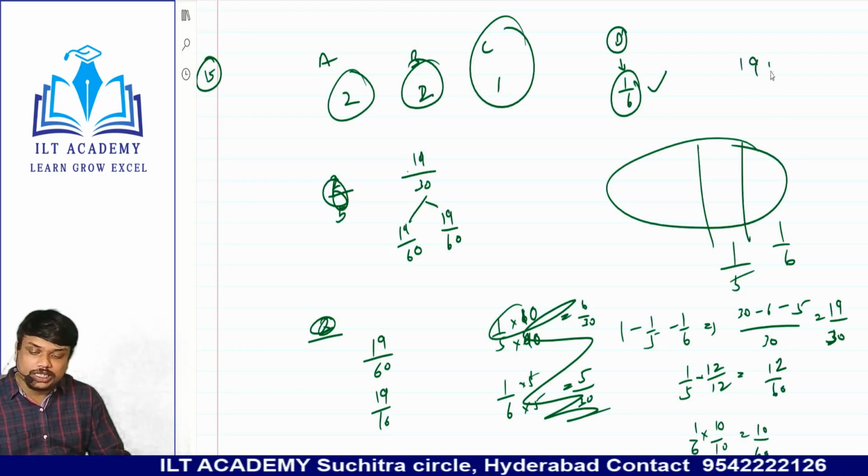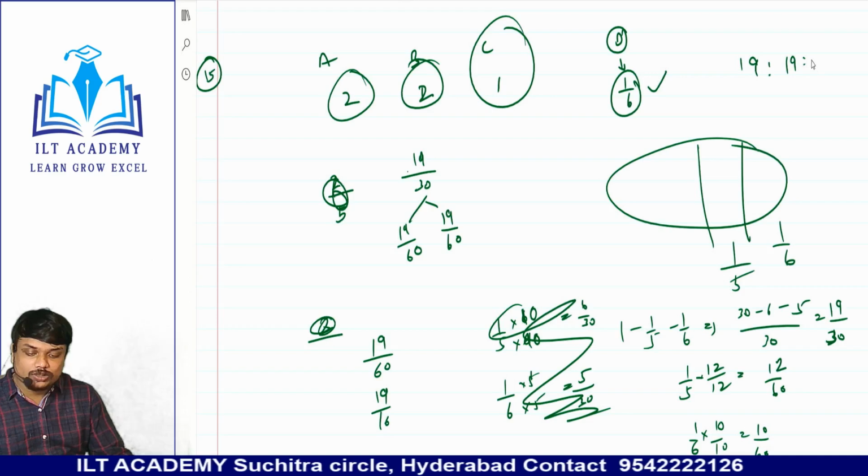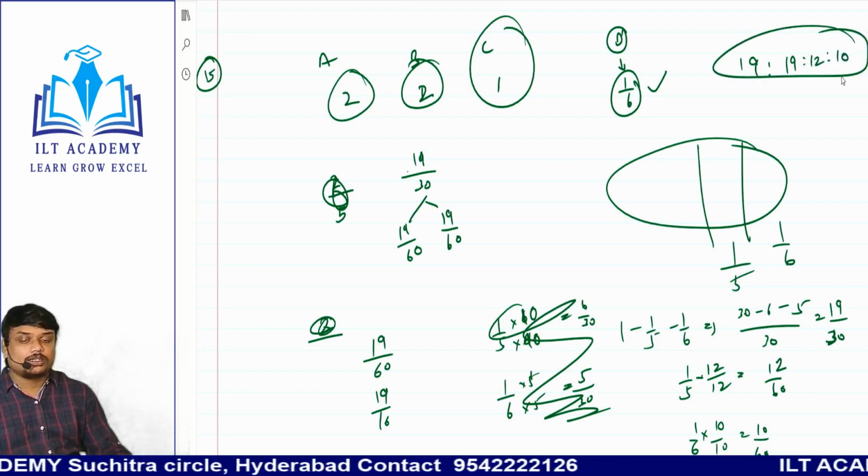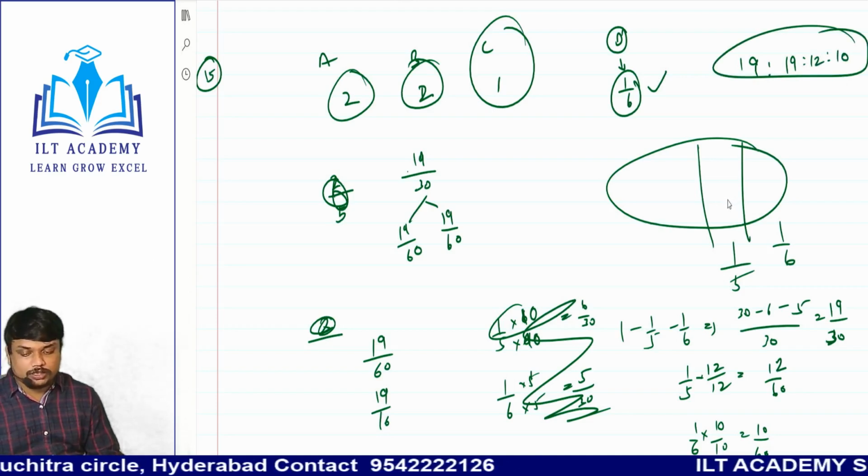So what is the new ratio? 19/60, 19/60, and this fellow 1/5 and this fellow 1/6. Multiply by 12 and 10: 1/5 is 12/60, and 1/6 is 10/60. So the new ratio is 19:19:12:10.